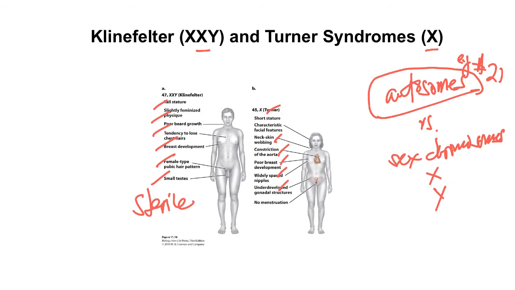Okay, so you can therefore see that any kind of non-disjunction process that happens in meiosis can lead to disorders with varying degrees or spectrum of clinical manifestations or abnormalities.